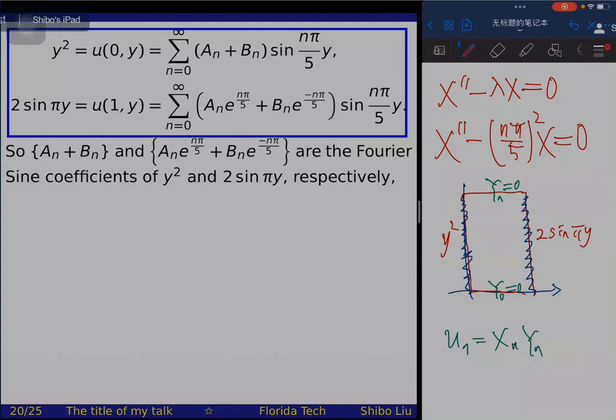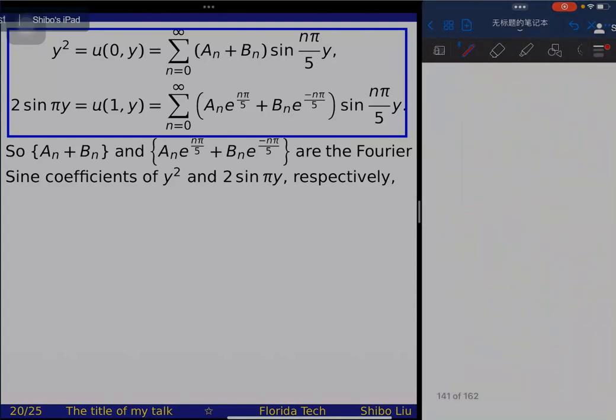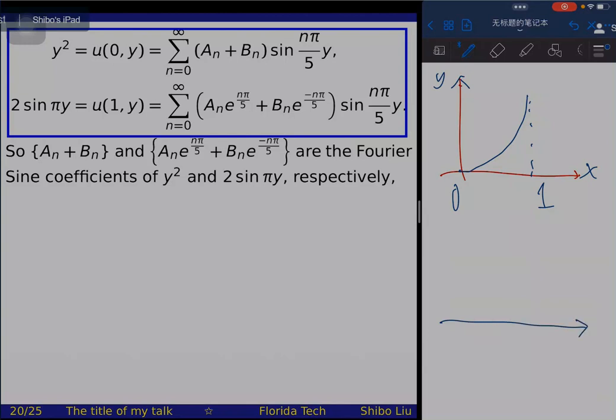Again, as before, y squared and 2 sine pi y are two functions defined over 0, 1. Sorry, no, 0, 1 is for x, but we are working for y, therefore that is y.